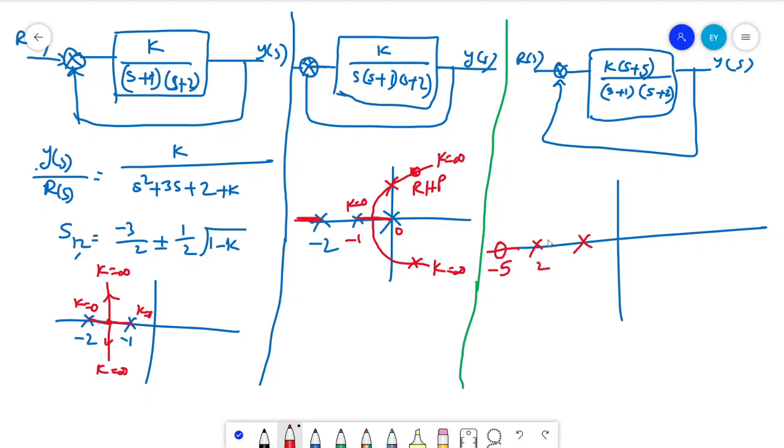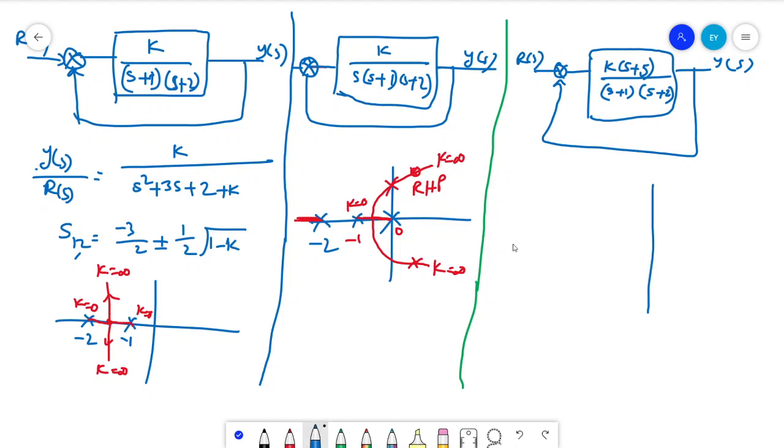So what we know is locus will start at pole and end at infinity. I'll just take some extra space to show how it actually travels, because all the poles are on the left half of the s plane only, so I'll take maximum space on the left side.